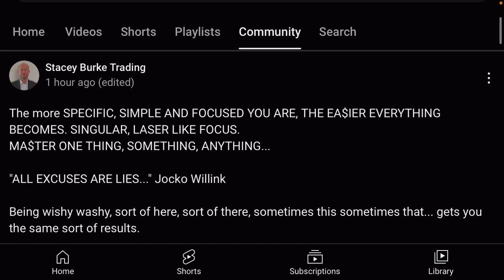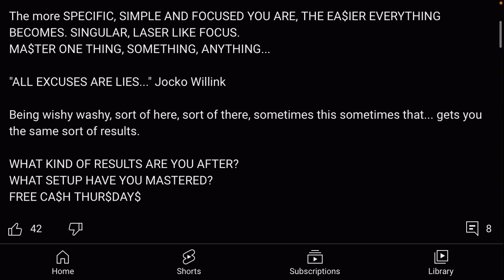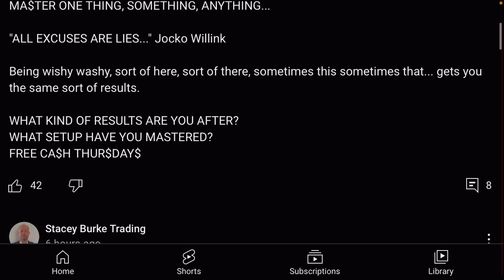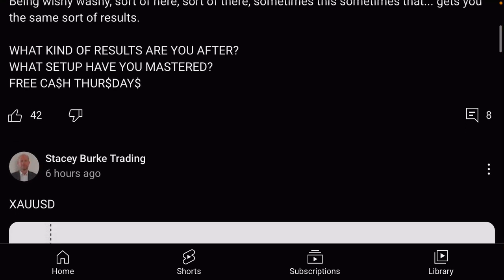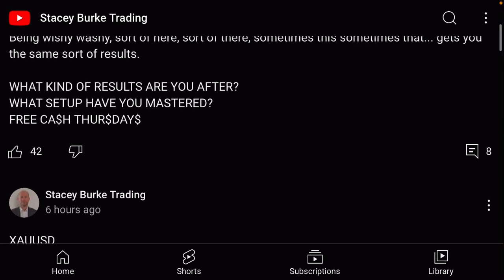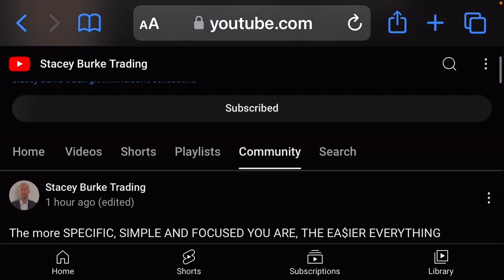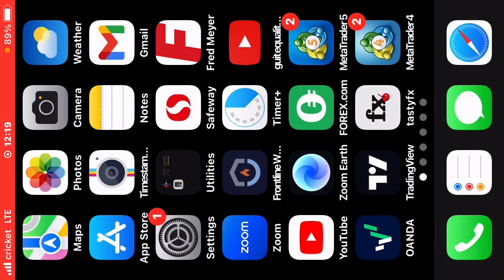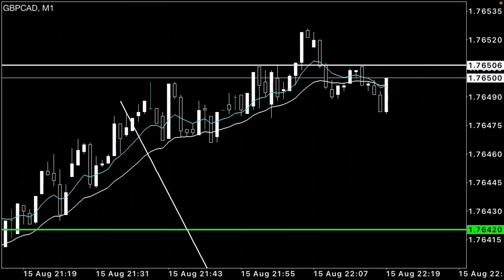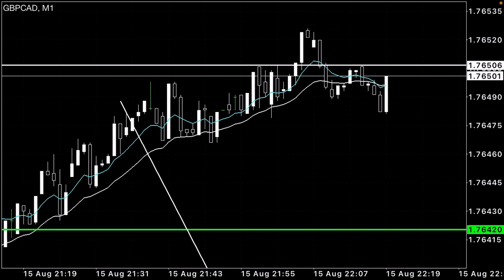More specific, simple, focused are your easy thing. Focus on the good trades, and then cut them if they don't go your way and stuff like that, just to keep the reminders going. But the brother didn't cut the trade, so that's where he messed up. That's why it's in drawdown now.